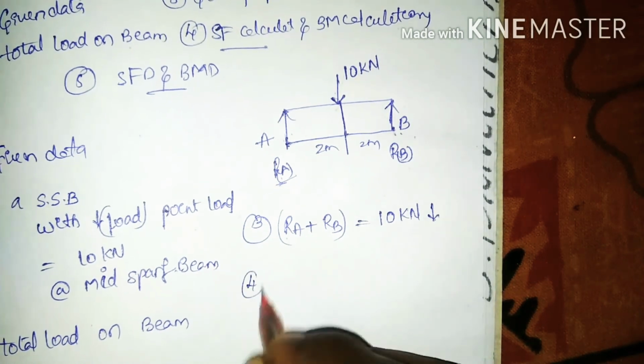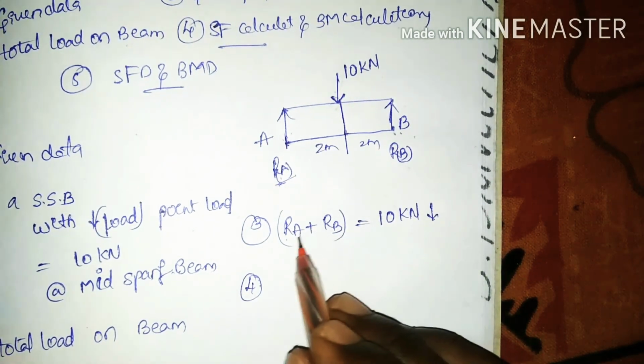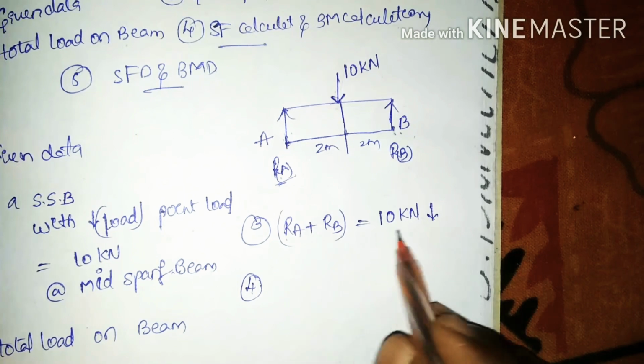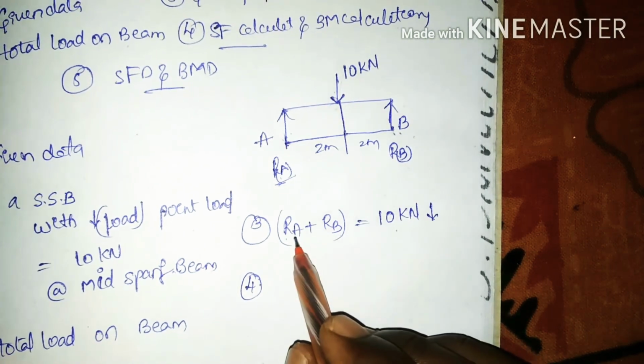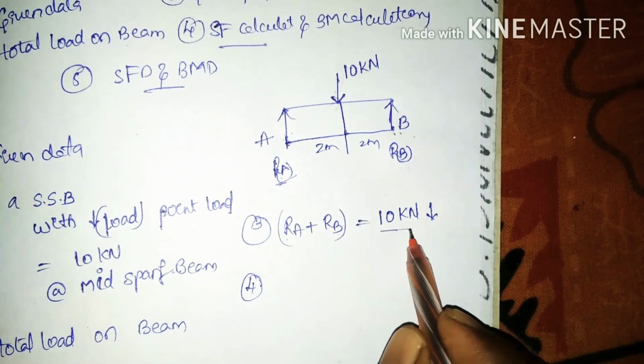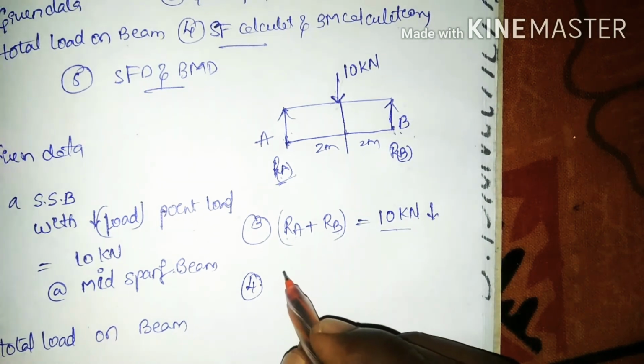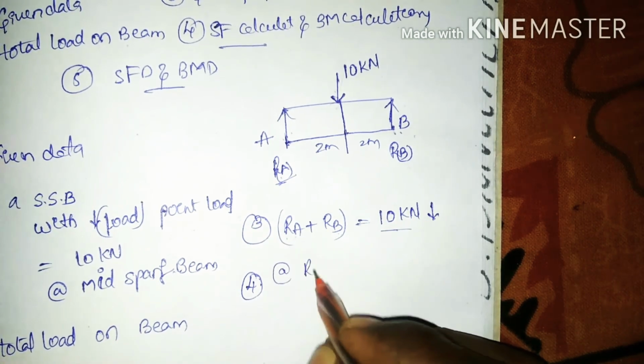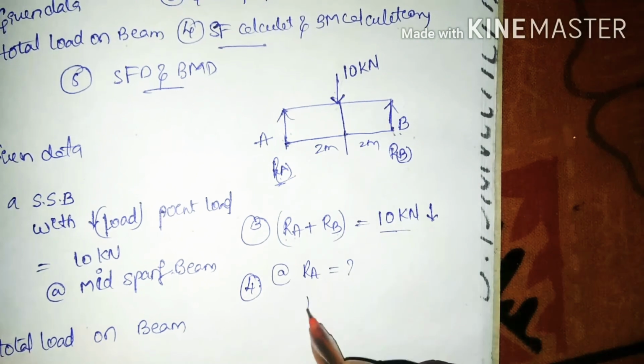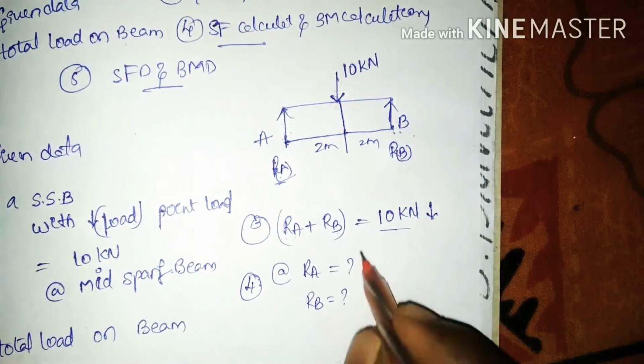Next, number 4. Here we have RA plus RB equal to 10 kilonewtons, but we don't know the RA and RB values.